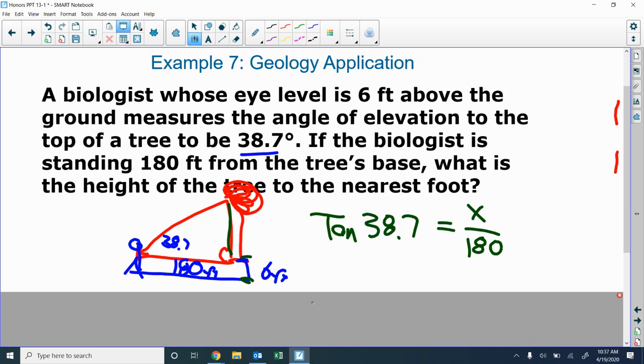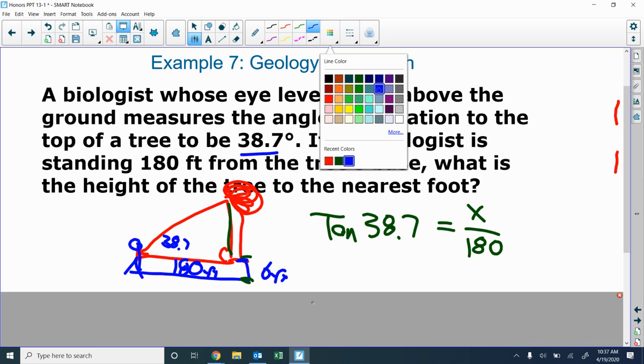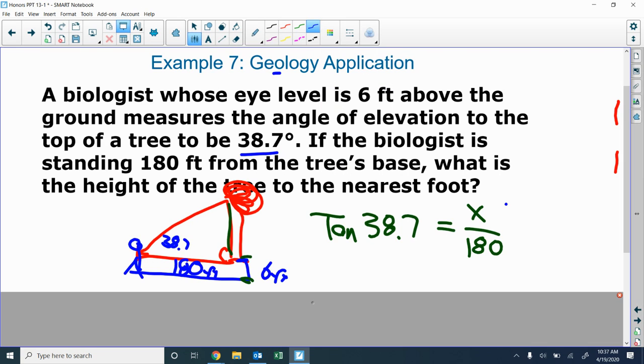All right. Again, grab your calculator. We will quickly do this one by doing what? Multiplying by 180 on this side and multiplying by 180 on this side. So your answer is going to be tangent. I'm grabbing my calculator.